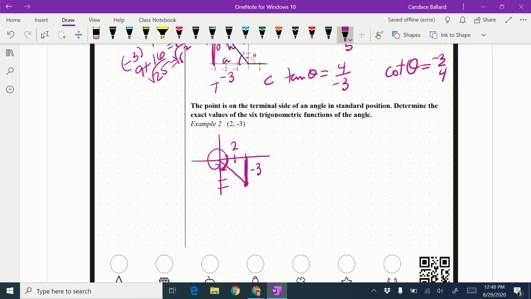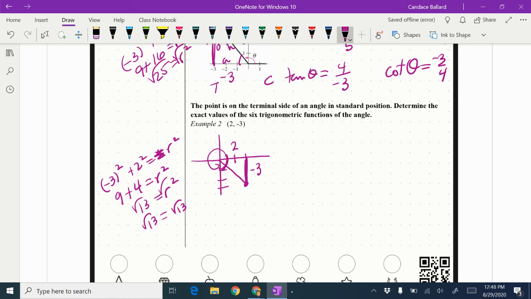I'm going to go ahead and do Pythagorean Theorem to figure out what my hypotenuse is. So -3 squared plus 2 squared equals, we'll go with x. X isn't a good idea. R squared, radius squared. So -3 squared is 9, 2 squared is 4 equals r squared. 9 plus 4 is 13. And then we take the square root of both sides.